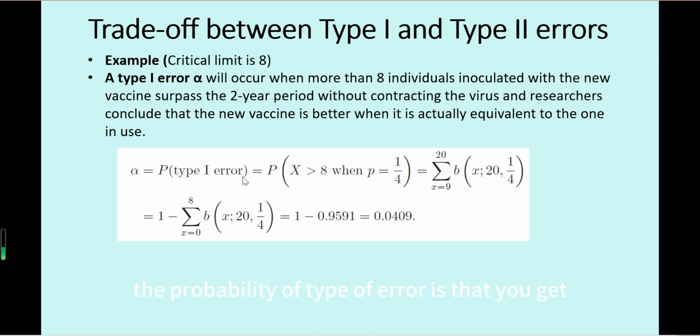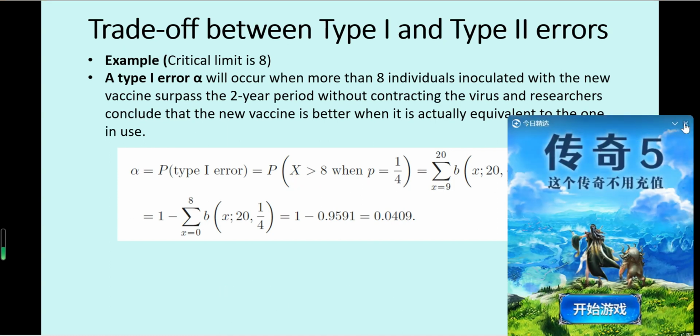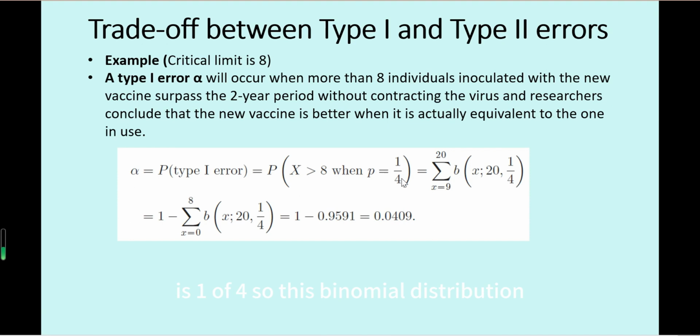The probability of type 1 error is that you get a sample with more than 8 positives when actually the null hypothesis is true, where the success rate p is 1 of 4 in a binomial process. So we can get this probability, x larger than 8 when p is 1 of 4. This binomial distribution probability is about 0.04 for the type 1 error alpha.